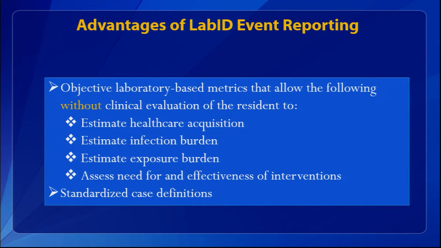Are they working? Are they not working? Where do we need to make adjustments? Do we need to make adjustments facility-wide, or do we need to make adjustments on a particular unit within that long-term care facility? And since we use standardized case definitions for LabID event reporting, facilities are able to compare rates and trends across clinical settings as well as across months or years for their own facility.